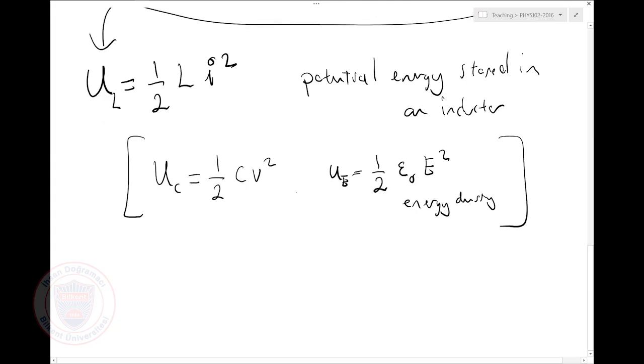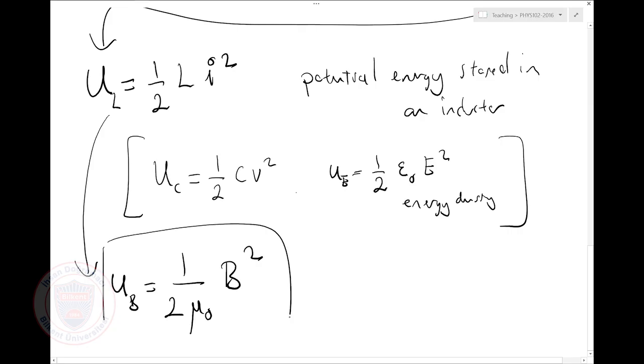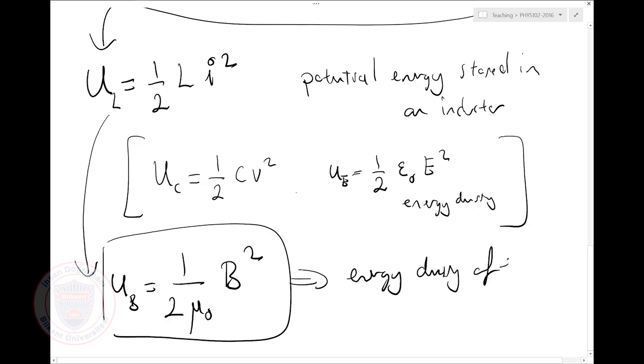Okay, I'm not going to do the calculation. I'll just give you the result. I'll tell you that UB is going to be 1/2 mu 0 B square. This is going to be the energy density of the magnetic field.